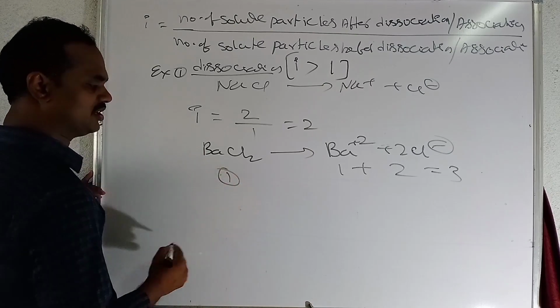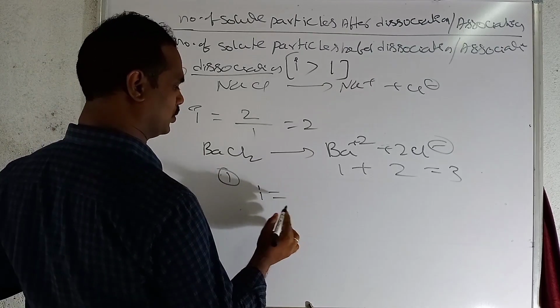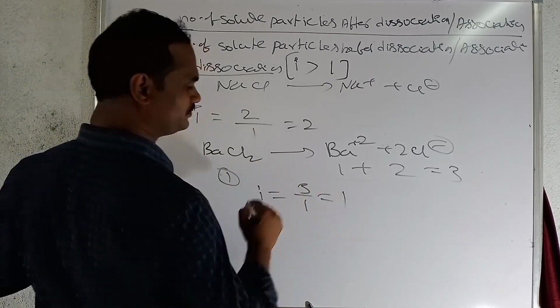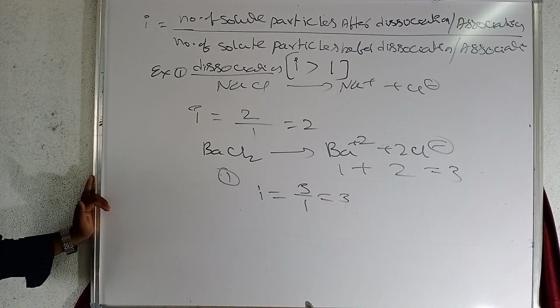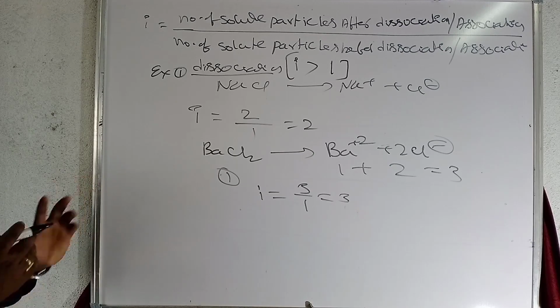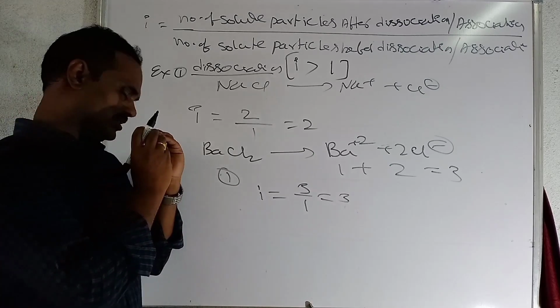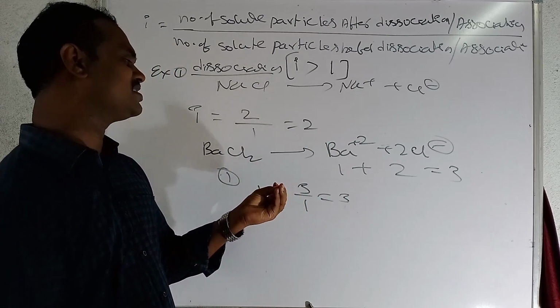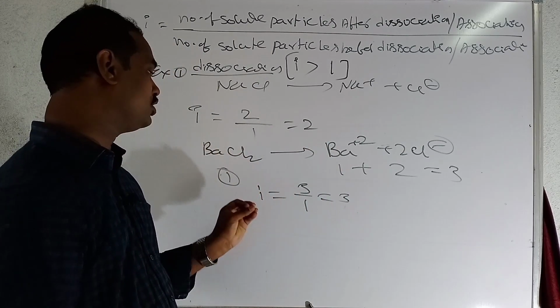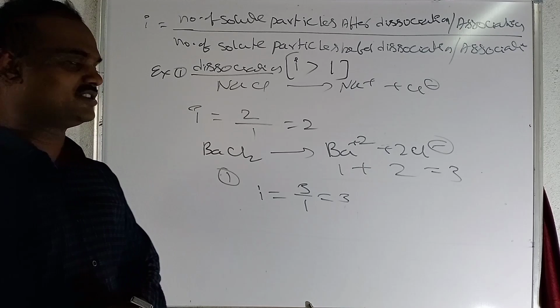Before dissociation, 1. So i is 3 by 1, 3. Generally, in the dissociation case, the i value must be greater than 1.